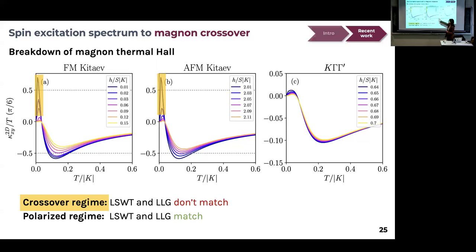And these are to be taken with a grain of salt, because linear spin wave theory and LLG equations not matching is indicative of the presence of nonlinear or magnon-magnon interactions that may heavily renormalize this peak if you took that into account. And of course, in the polarized regime where linear spin wave theory and LLG match, the magnon thermal Hall conductivity is a good description of the transport.